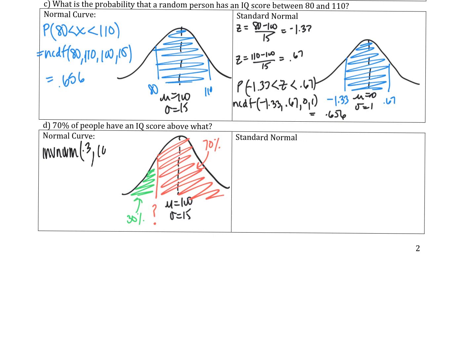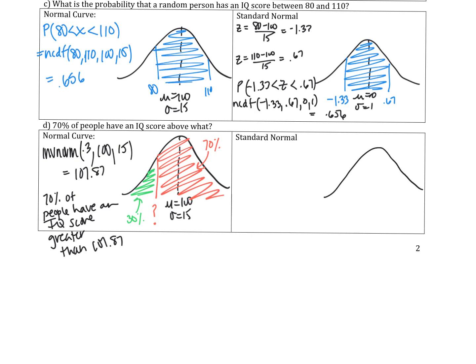The mean is 100. The standard deviation is 15. And I will get out 107.87. So 70% of people have an IQ score greater than 107.87.